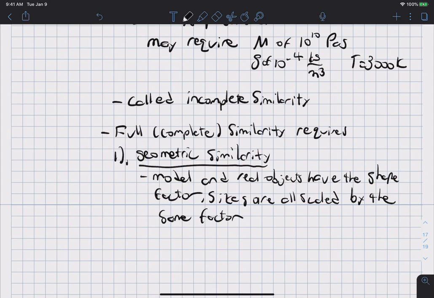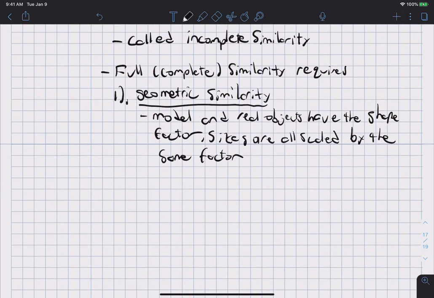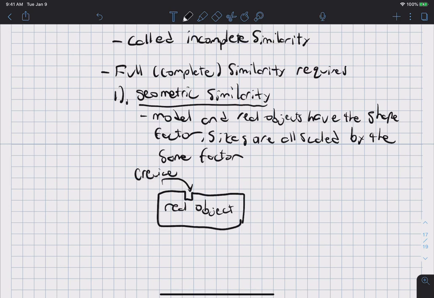And sometimes it's not practical to achieve full geometric similarity. So say your real object looks something like this, and there's a little crevice. Well, when you scale that down to the experiment, your object may be physically this big, and this crevice is too small to make.